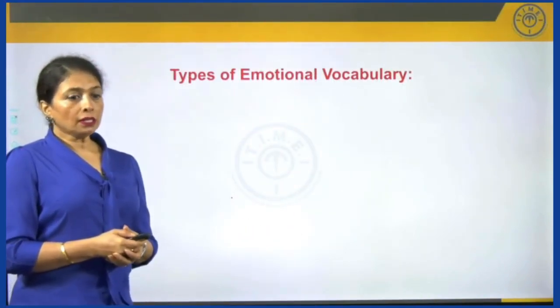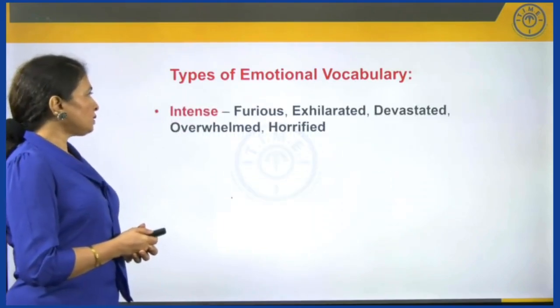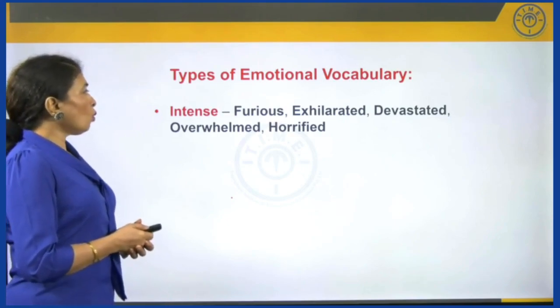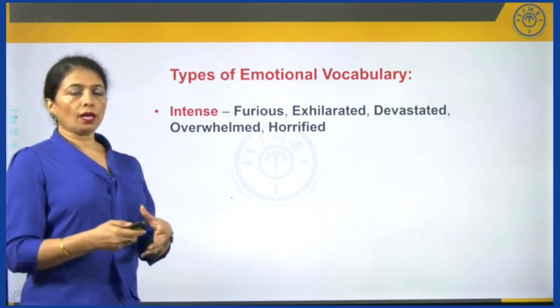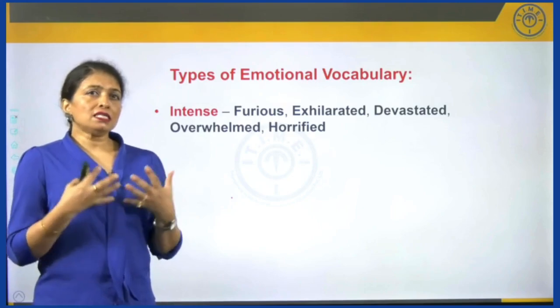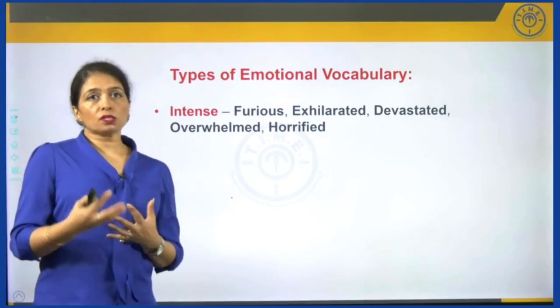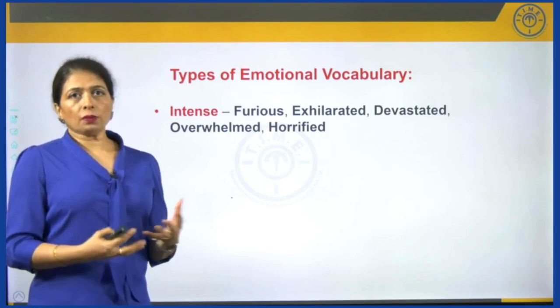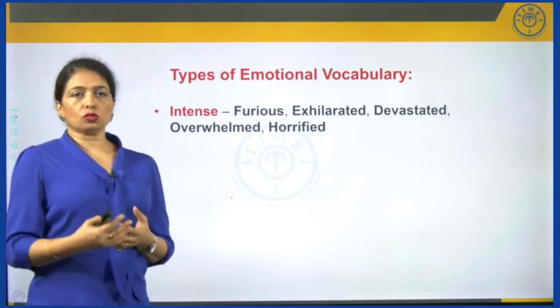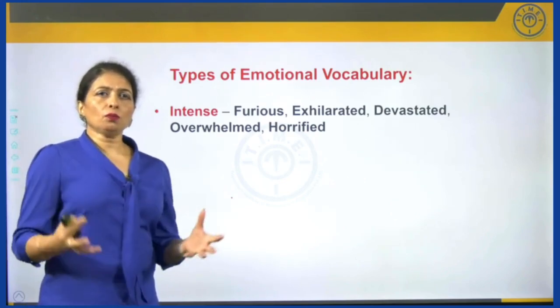Now come the intense ones: furious, exhilarated, devastated, overwhelmed, and horrified. As you may have understood, furious is an intense emotion. It's not just a negative emotion, but a very intense emotion. It arouses deep emotions in us.